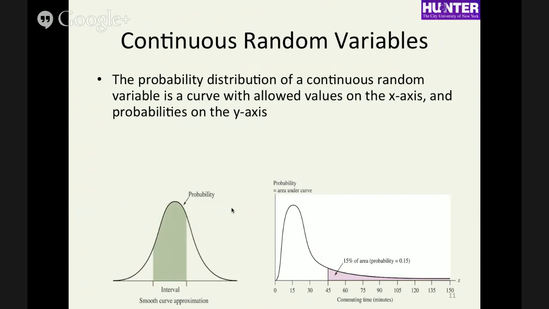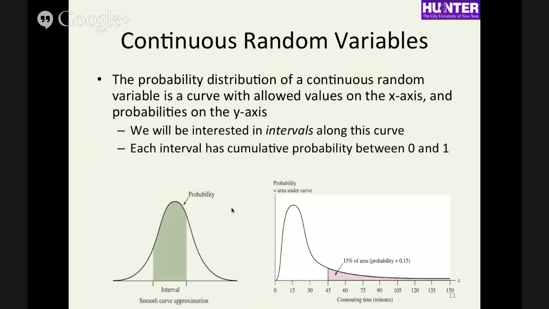So the x-axis here is the value of the variable, so if it's units of BMI, units of weight, kilograms, things like that. And on the y-axis will be a probability. And again, we're interested in intervals, so sections of this curve like you see shaded here.